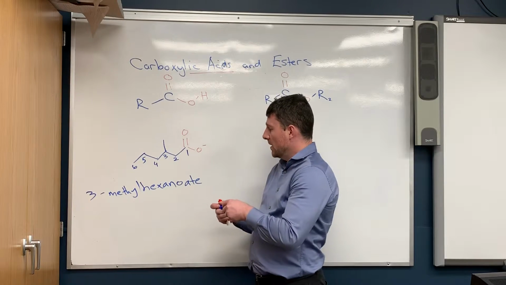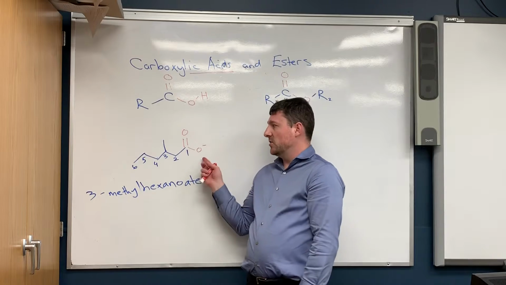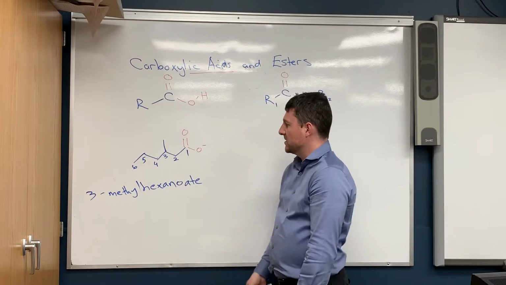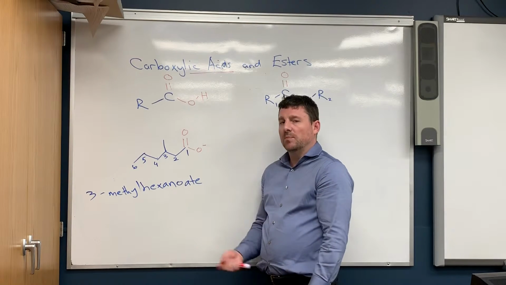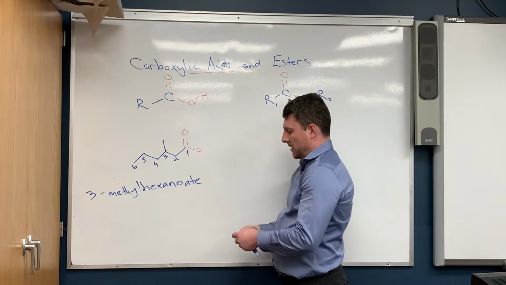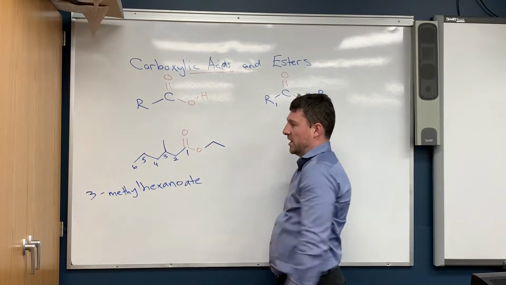Now that we have 3-methyl hexanoate, this is actually the base of an ester. All we have to do in order to make it an ester is, where we've taken the H away, replace it with a carbon chain. So we take away our minus charge and we just add a carbon chain to it.